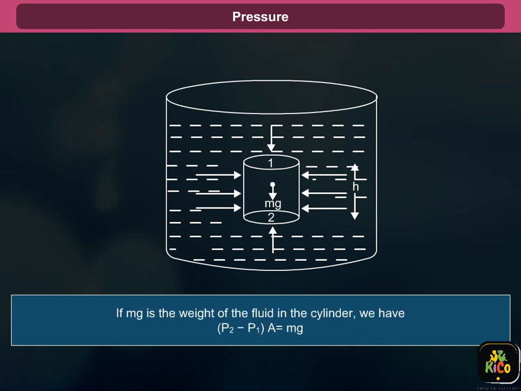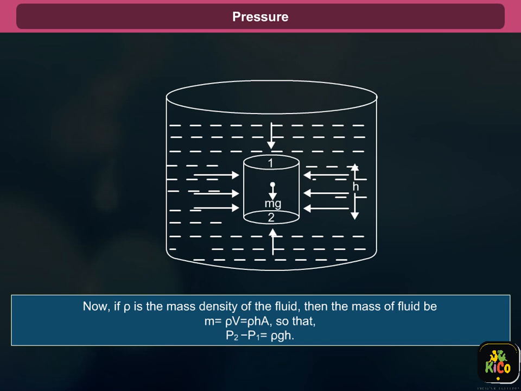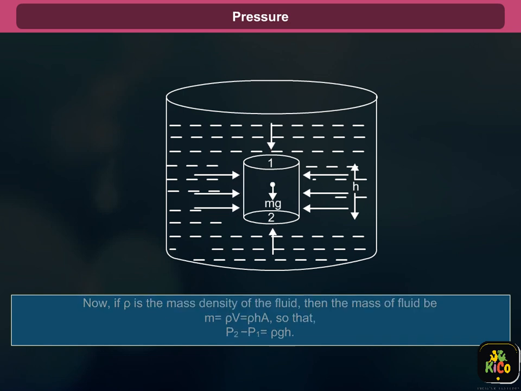If mg is the weight of the fluid in the cylinder, we have (P2 minus P1) times A equal to mg. Now if ρ is the mass density of the fluid, then the mass of fluid m is equal to ρV, which is equal to ρhA, so that P2 minus P1 is equal to ρgh.